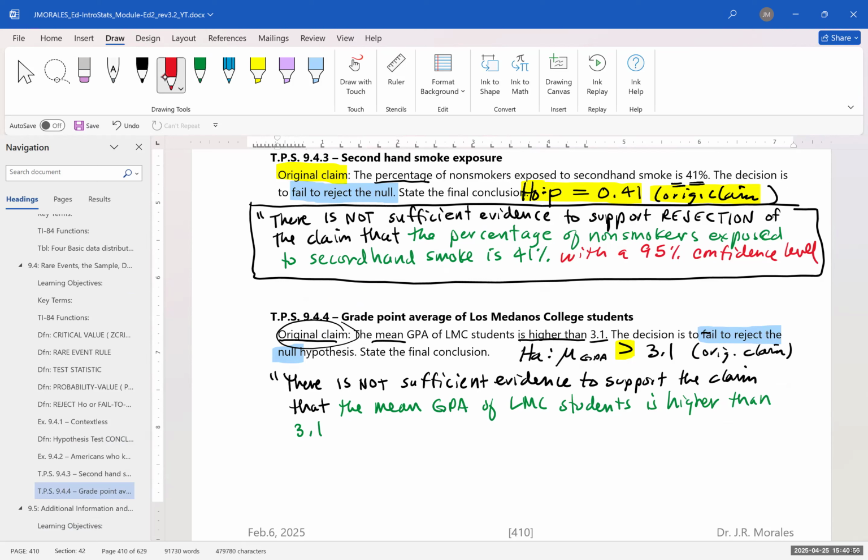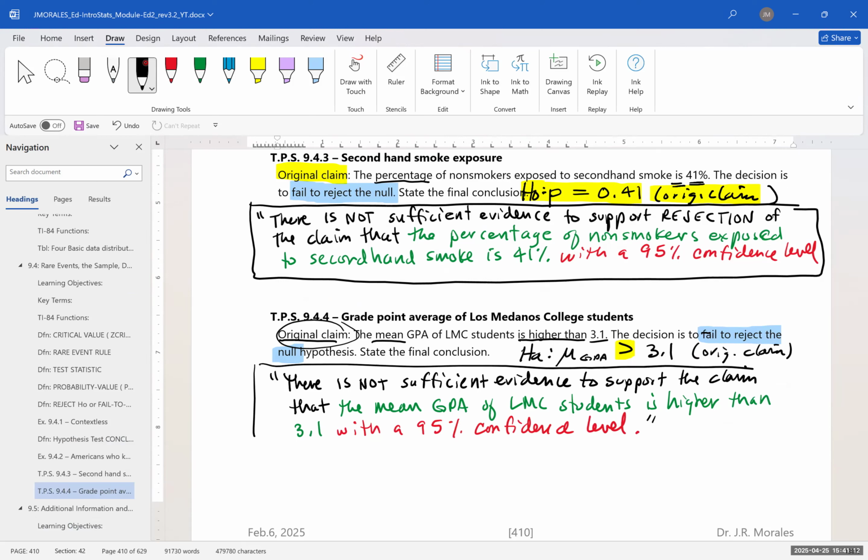And now we put in our confidence level information. So we'll put with a 95% confidence level. And there is our conclusion.